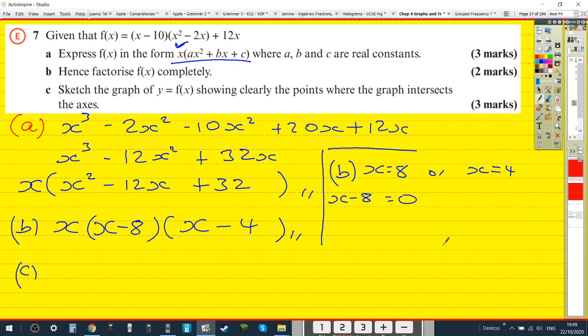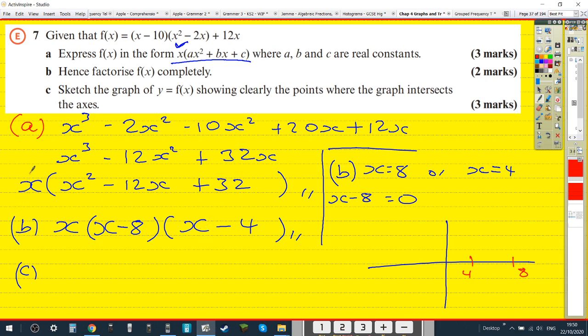Okay. So we know that the two x's are 8 and 4. That means the y is 32.